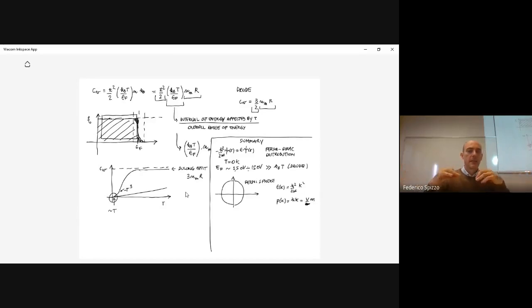But if T is not equal to 0, but is larger than 0, then if I want to plot in the same diagram the equivalent of the occupancy of the levels, I have to plot a sphere, but the surface of that sphere is no more a mathematical surface, but has a sort of width, because the occupancy does not switch from 1 to 0 in just one level, but switches from 1 to 0 over a number of levels that is of the order of kT.